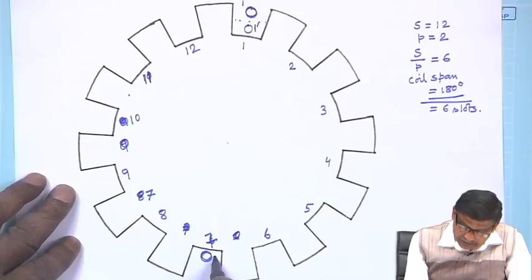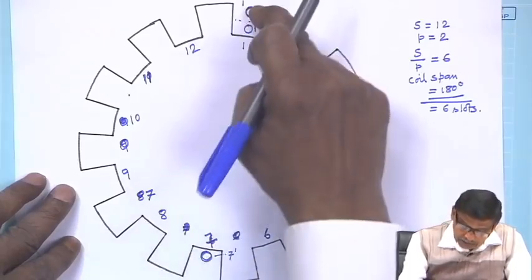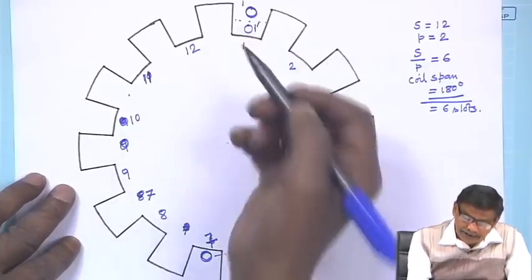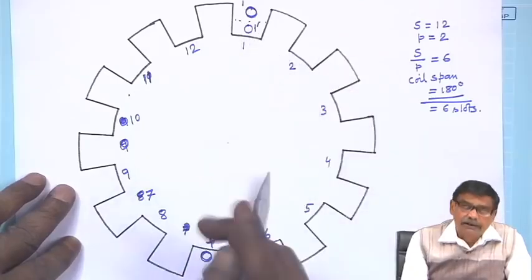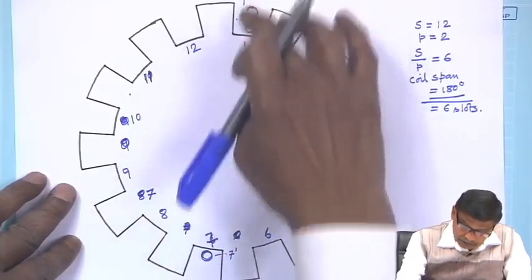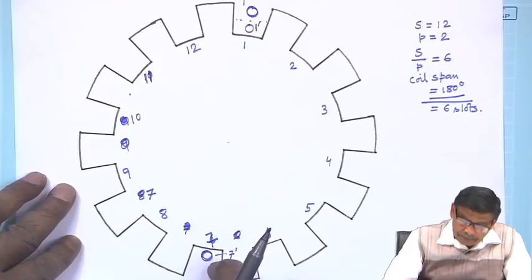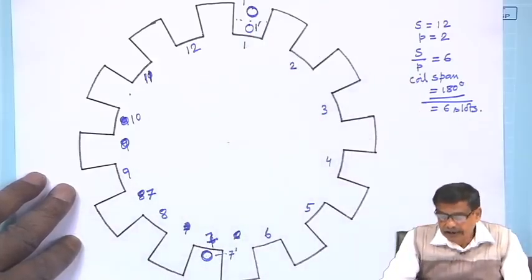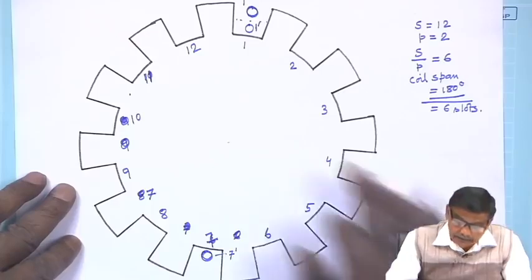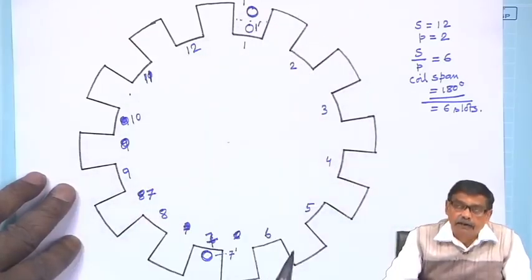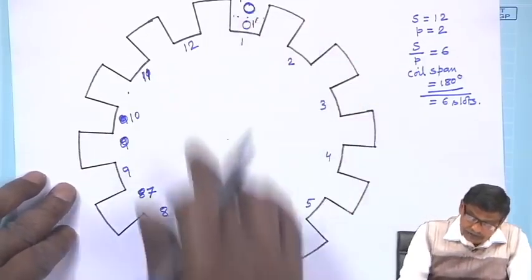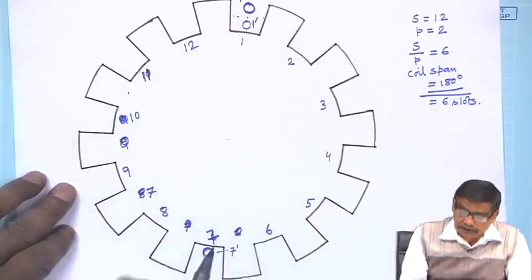So, this coil side I will call 7 dashed. So, 1 7 dashed is a coil. If 1 dashed is present, I will call it 1 dashed below, but this coil is 1 7 dashed. Why is it diametrically opposite? Because P equal to 2, mechanical angle is equal to electrical angle. This is the way I will do it. So, this is how this winding will proceed.